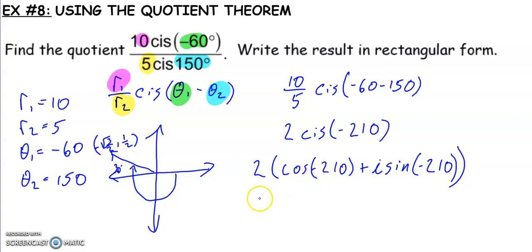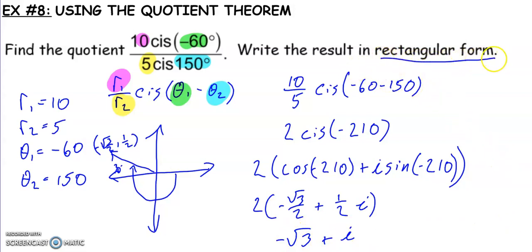So the cosine is going to be my x value. So we're going to do 2 times negative radical 3 over 2 plus sine of 210, which is going to be 1/2 i. So distribute. So we're left with negative radical 3 plus i. There it is, written as I wanted it in rectangular form. Boom. So that is our product theorem and our quotient theorem.